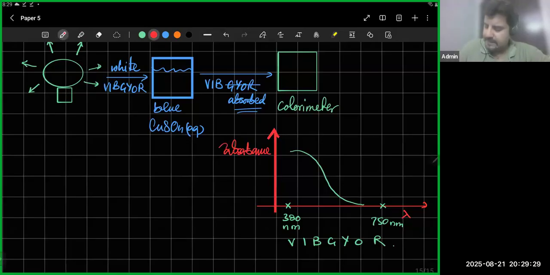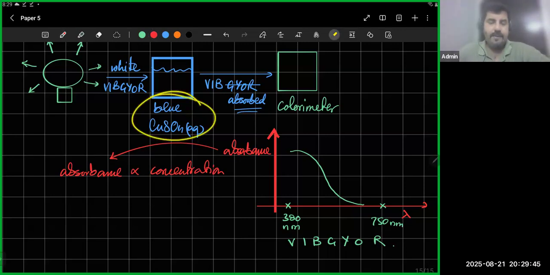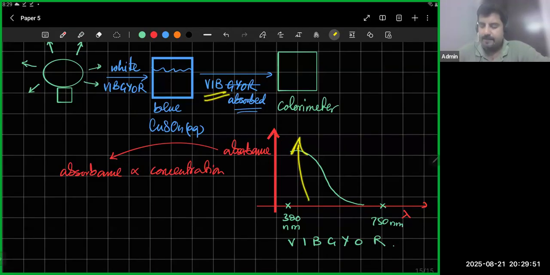And also have this other idea that this absorbance is kind of proportional to concentration. The more copper sulfate you have, the higher the concentration of copper sulfate, the higher the intensity of the blue color. So the absorbance would increase.